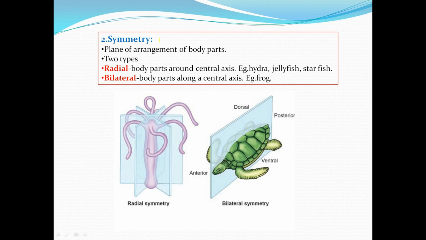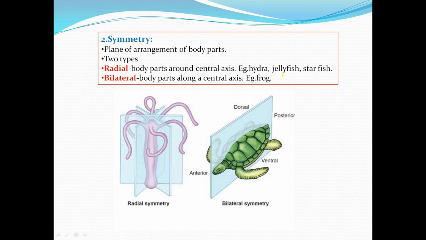The second feature is symmetry. What is symmetry? It is the plane of arrangement of the body parts. And symmetry can be of two types: radial symmetry and bilateral symmetry. In radial symmetry, the body parts are arranged around the central axis. So if the animal is cut through the central axis in any direction, it can be divided into two similar halves.